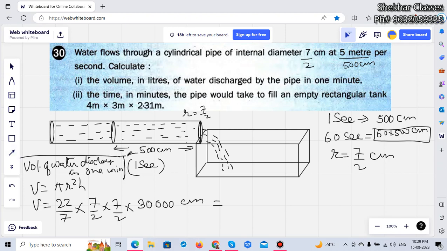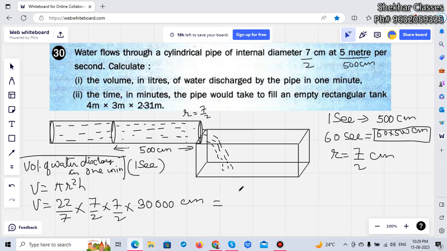Fine, 60 seconds. So remember, in 1 second 500 centimeter, 2 seconds 2 into 500, 60 seconds 60 into 500. That is the length of the pipe which will empty if it is completely full of water in 1 minute. So if I calculate this, let's see what answer comes up here, and we have to convert that into liter also. We'll talk about that also.